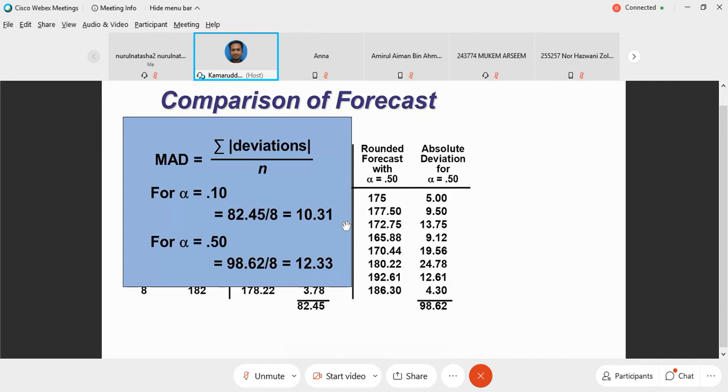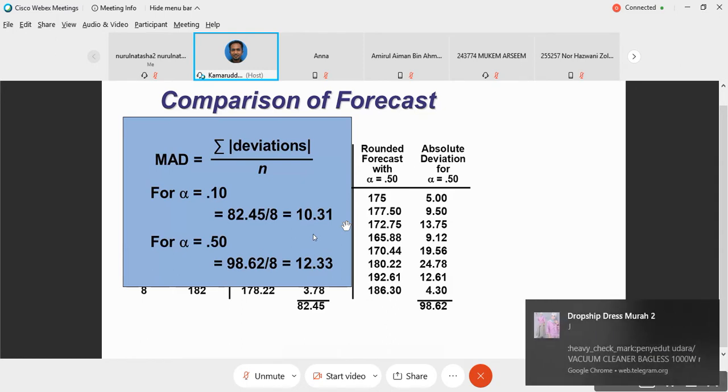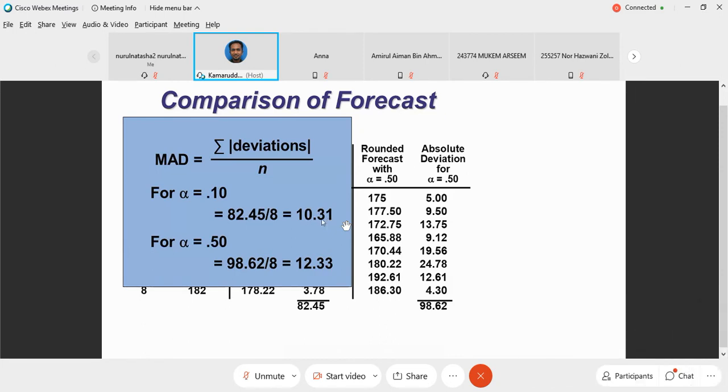So based on this finding of the mean absolute deviation, we need to decide which forecasting technique, or which alpha value, is more reliable, that is, has a low forecast error. In choosing the more reliable alpha value used in the exponential smoothing, we choose the lowest mean absolute deviation, 10.31, with the alpha value of 0.1.